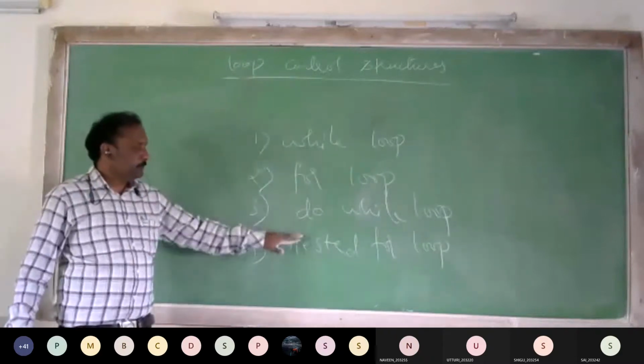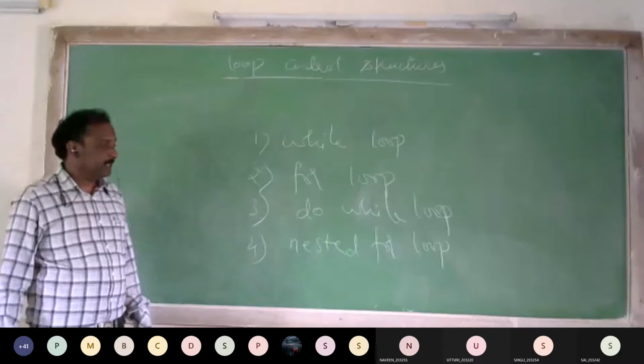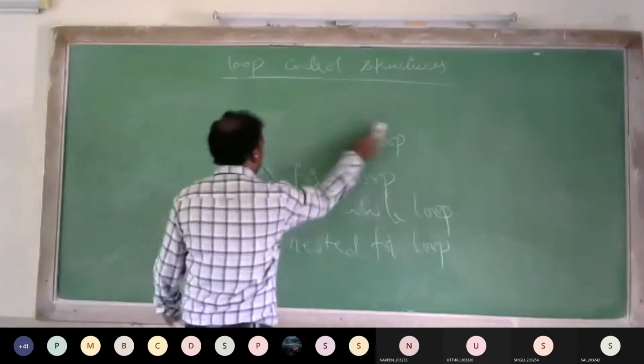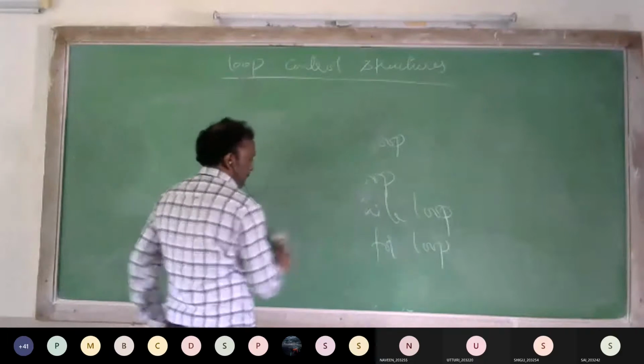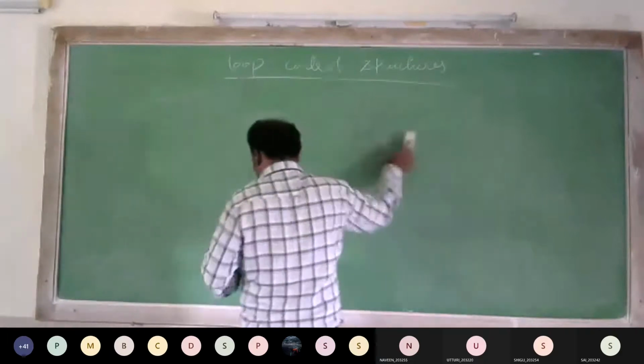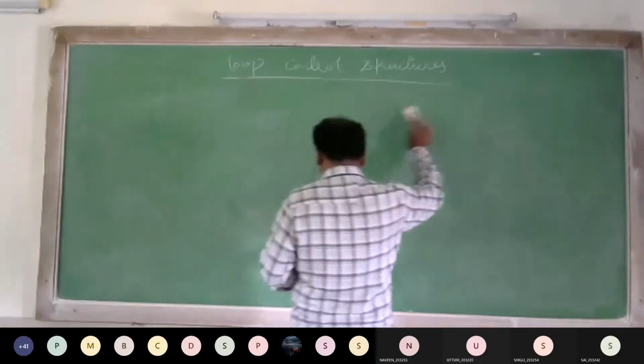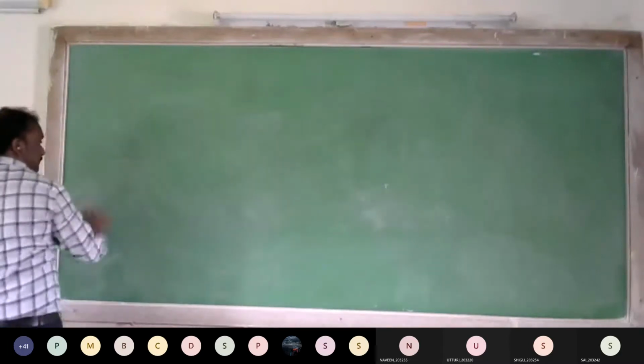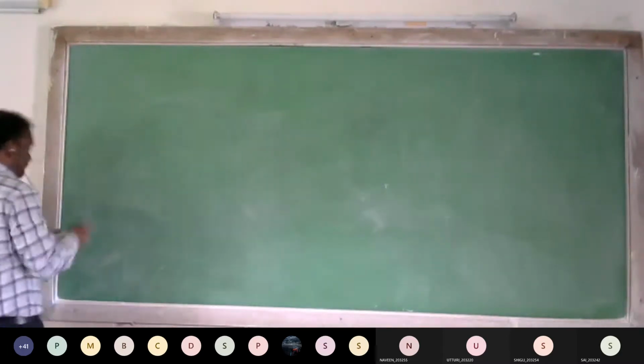While loop, for loop, do while loop, and nested for loop. So we shall see the first one. What is while loop?